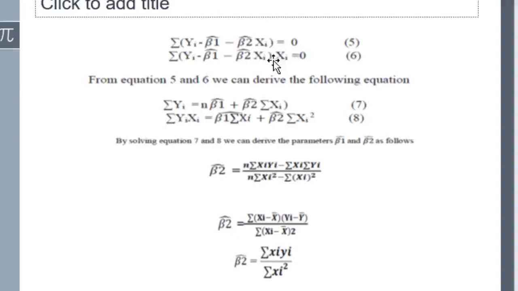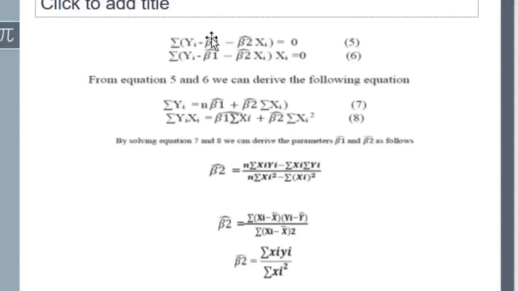Similarly, distribute sigma to the second equation also. Here it is not n beta 1 cap. Before that, multiply this equation with xi. Then we will get sigma yi xi minus beta 1 cap xi minus beta 2 cap xi squared. Then distribute the sigma. Here we will get sigma yi xi, beta 1 cap sigma xi, beta 2 cap sigma xi squared. Here we distributed the sigma.